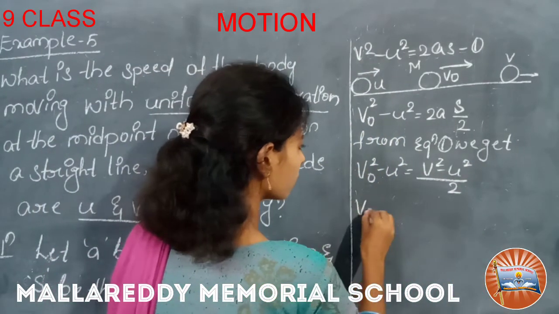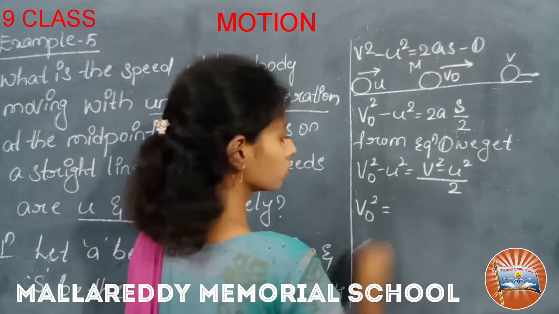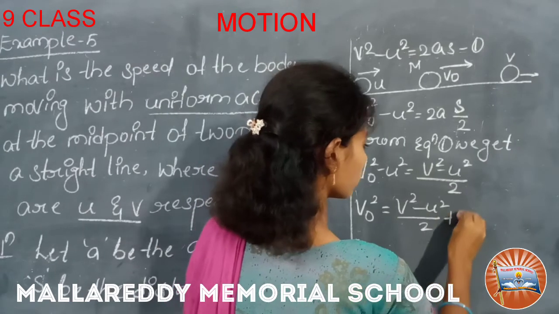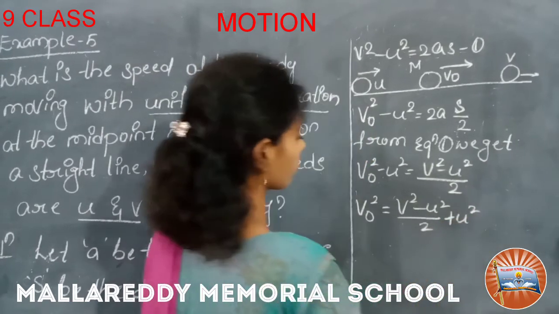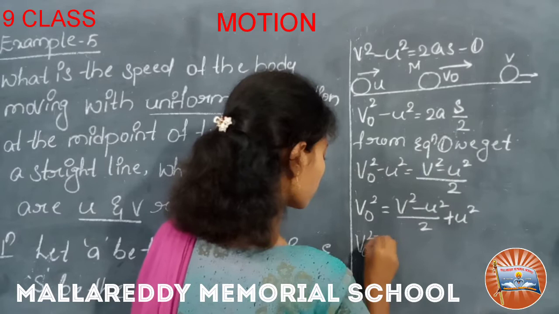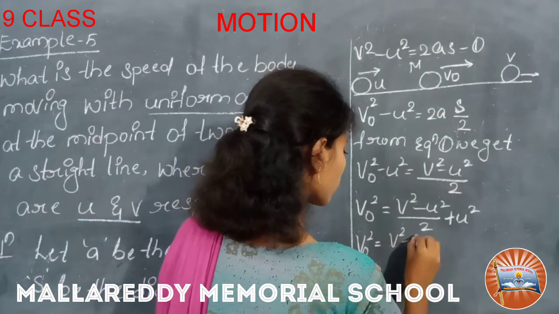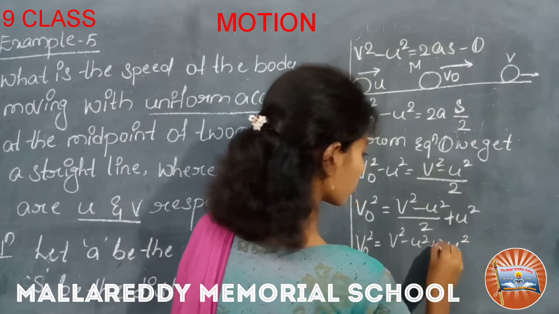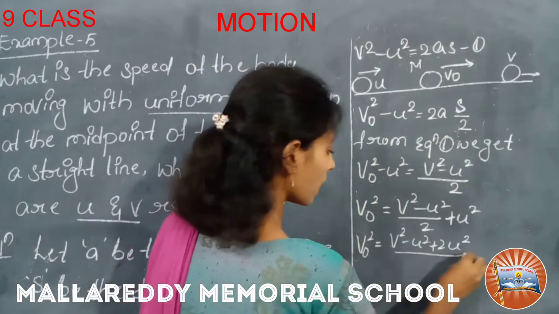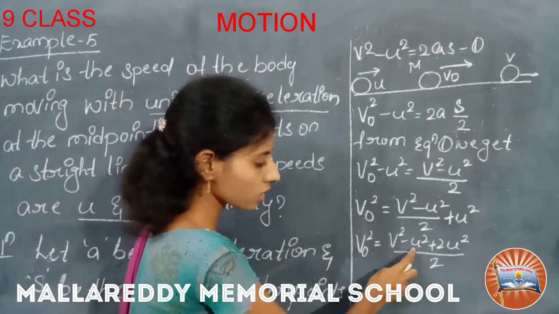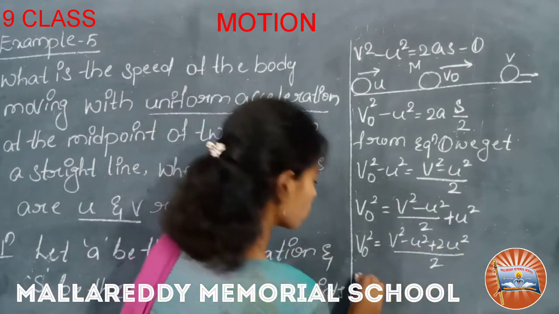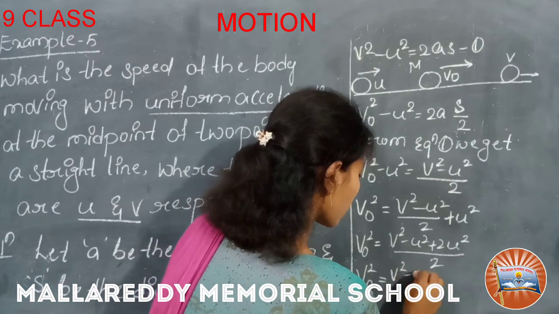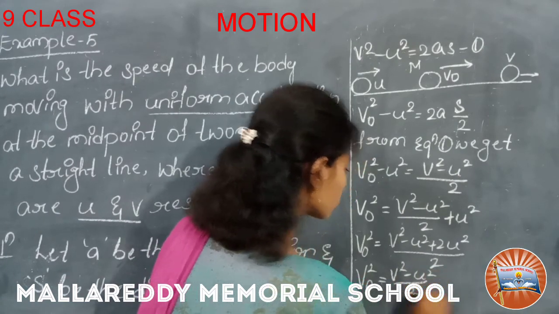So we can write v naught square equals v square minus u square by 2 plus u square. So we can also write v naught square equals v square minus u square plus 2u square by 2, multiplying the 2 with u square. So here minus u square plus 2u square, we will get v naught square equals v square plus u square by 2.